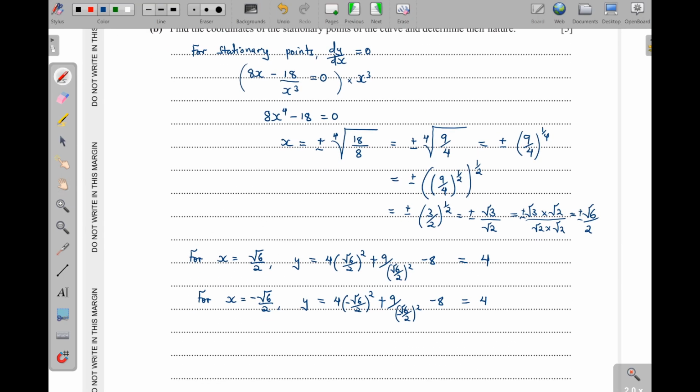Actually, they were squares. So the square of a negative and a positive, they give the same answer. So meaning the stationary points are, we have root 6 over 2 and 4, then negative root 6 over 2 and 4.